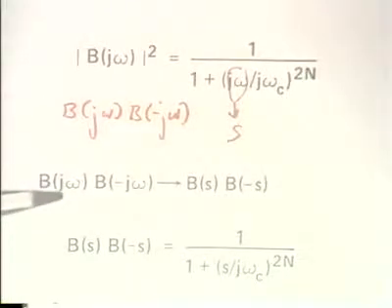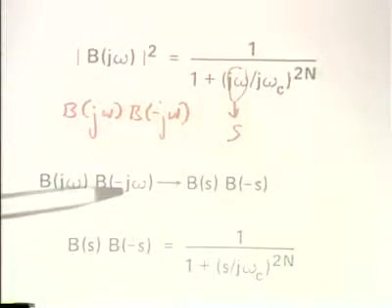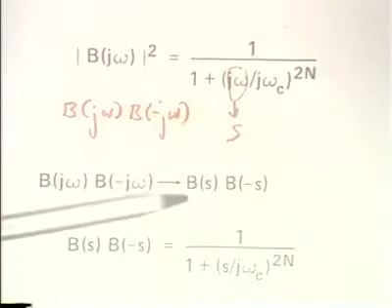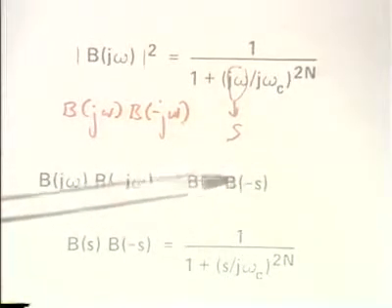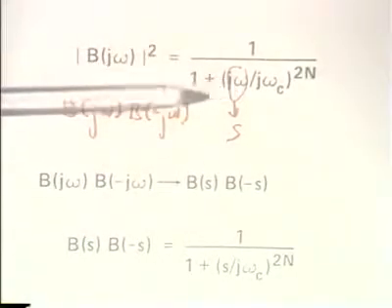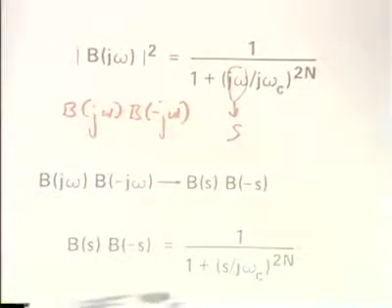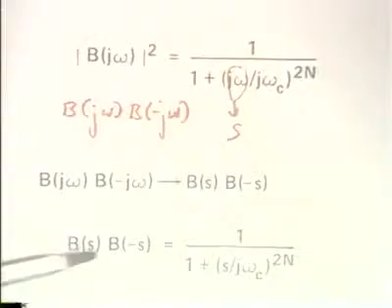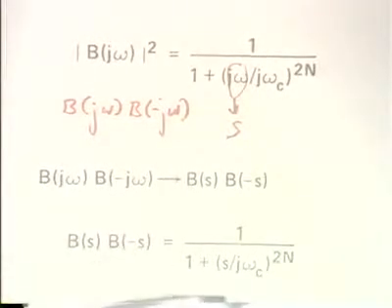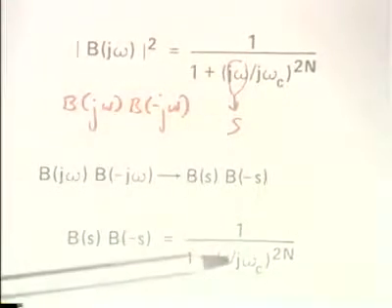So this product is the result of evaluating B of s times B of minus s at s equals j omega. Consequently, comparing this expression with this statement leads us to the conclusion that B of s times B of minus s is given by the expression that I indicate here, simply replacing j omega by s.